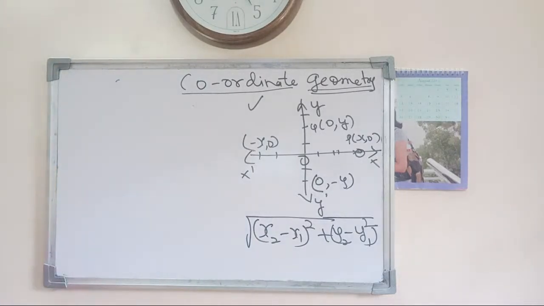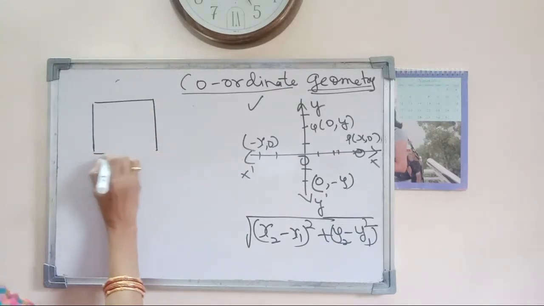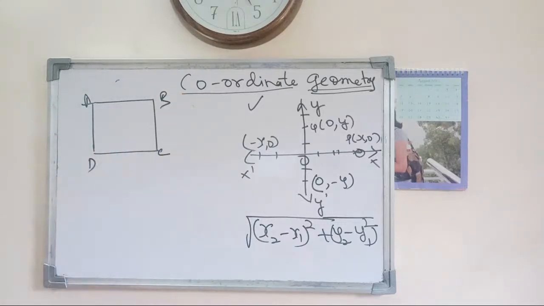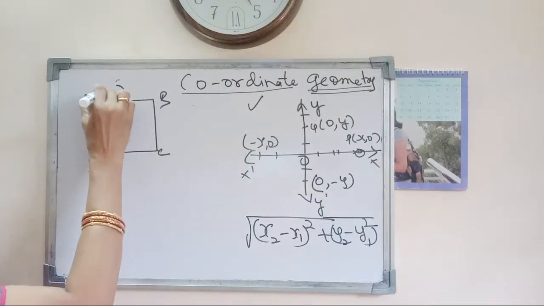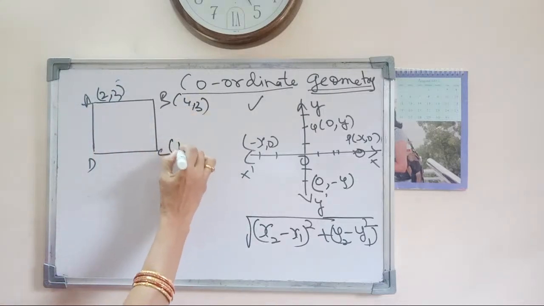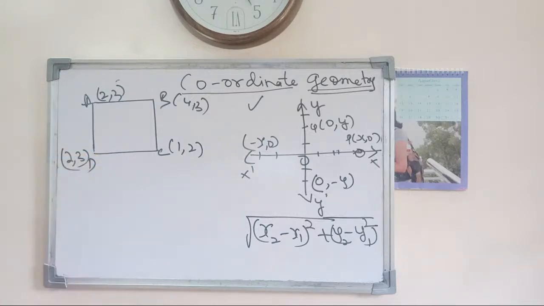The third application is to find out whether the ordered pairs are the vertices of a square. They will give the points here, 2 comma 3, 4 comma 3, 1 comma 2, 2 comma 3, like this, suppose.